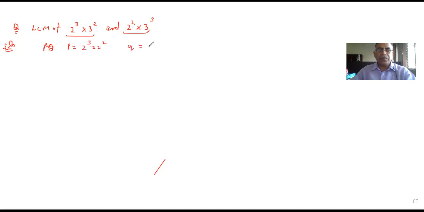Let this be Q. The maximum times 2 repeats is 3 times. Sir, it can be, so it will be 8. Maximum times 3 repeats is 3 times. So 8 times 27. This is the answer, 2 raised to power 3 times 3 raised to power 3.